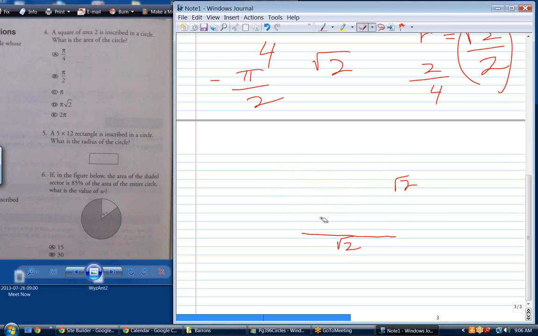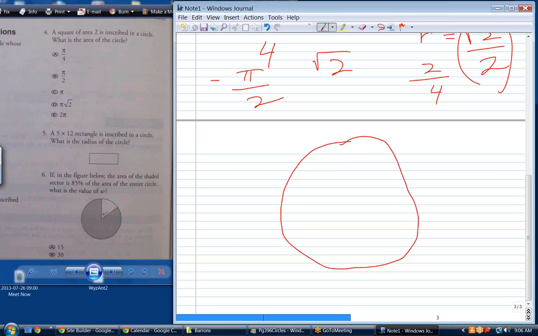And a 5 by 12 rectangle is inscribed in a circle. Apologize for my lack of drawing skills. I don't have any either. What is the radius of the circle? And that's the diameter. Might not be totally obvious why that diagonal is the diameter, but it is.